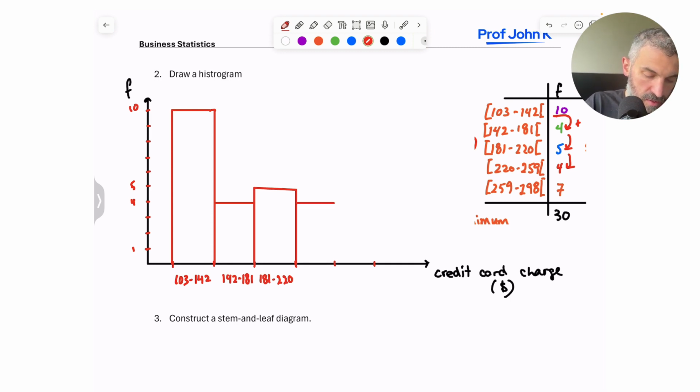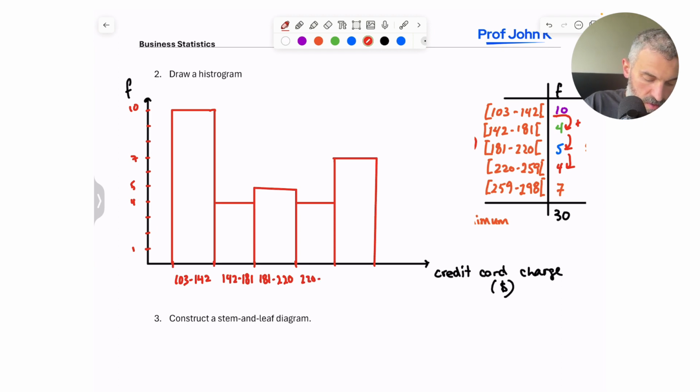220 to 259 would be 4 again, and then 7 for the last category. So 7 would be there. So I'll erase that line in a sec. Okay.